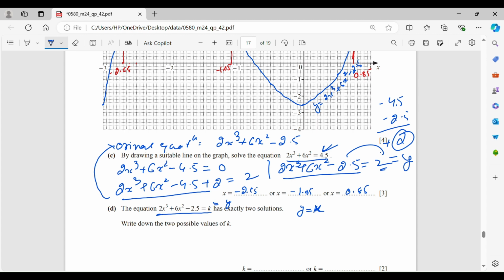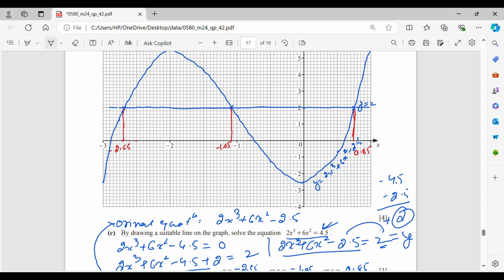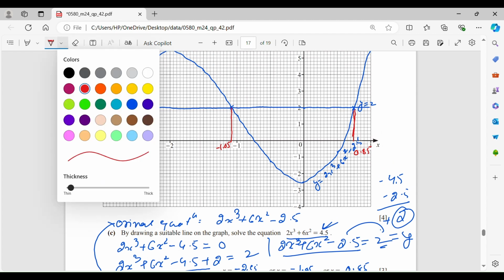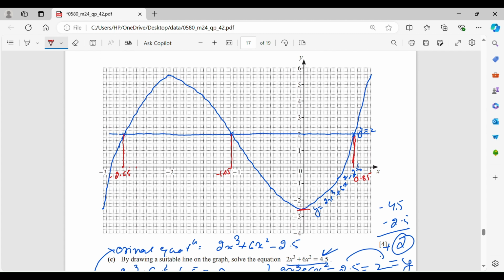Two solutions will be either at this point or at this point. If you draw a straight line there, you will find only two solutions. I was not able to make a straight line, but you can understand it, right?